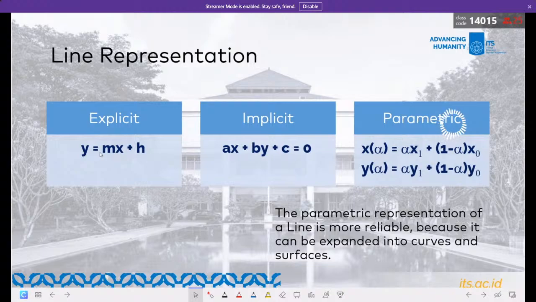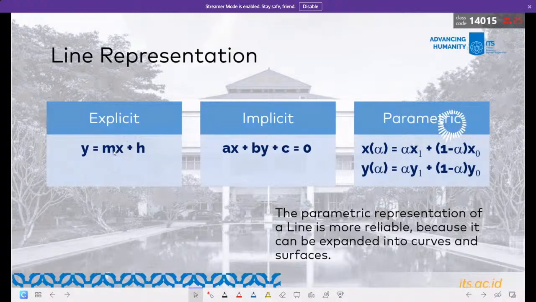So in this explicit representation, we interpret m as the gradient of the line, and then we have h, the y value on the y-axis where the line intersects.